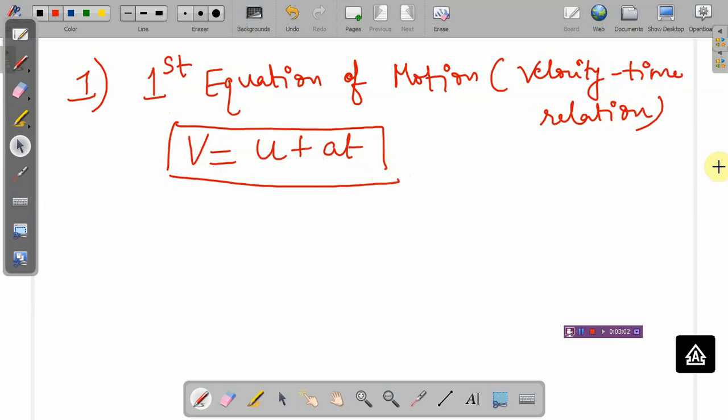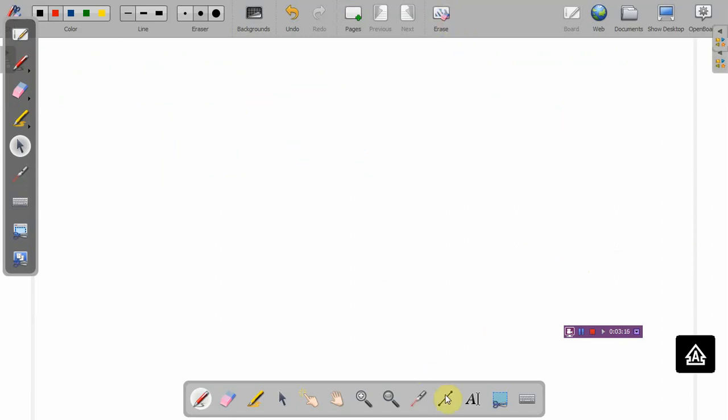So we need to plot a graph. I will take a new page and plot a graph because I need the same graph for all the three equations. So this is the graph. It's a velocity time graph. Y-axis, x-axis.